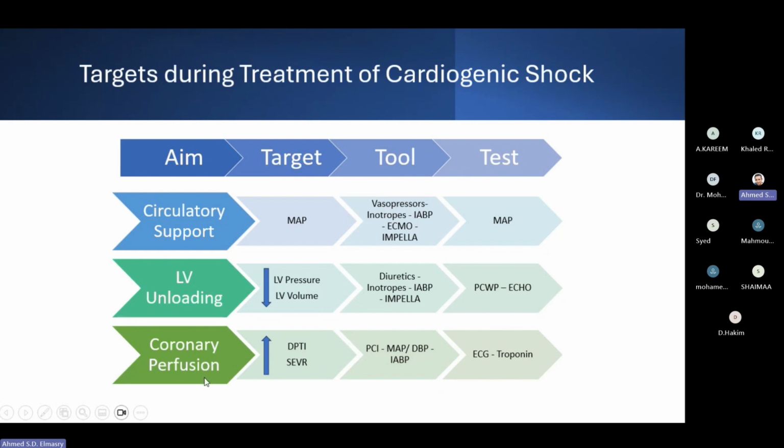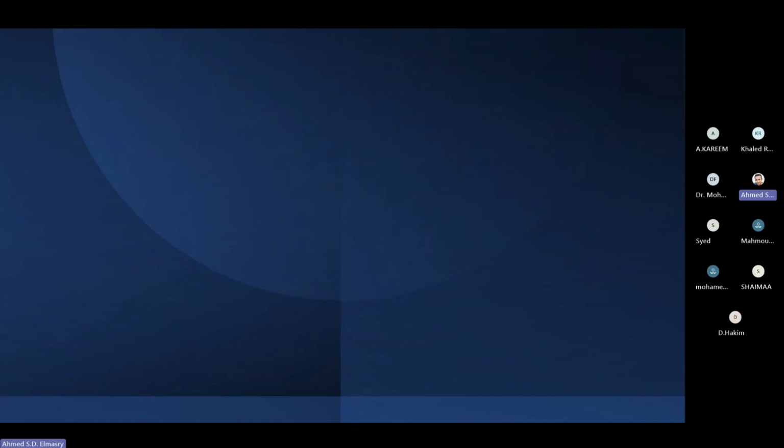The third aim is to maintain the coronary perfusion by increasing the diastolic pressure time index and subendocardial viability ratio. The tool for that is either to do PCI, or to maintain the MAP and the diastolic blood pressure. And you can go for the intra-aortic balloon in order to maintain the coronary perfusion.